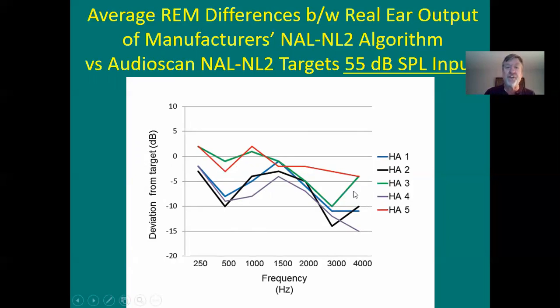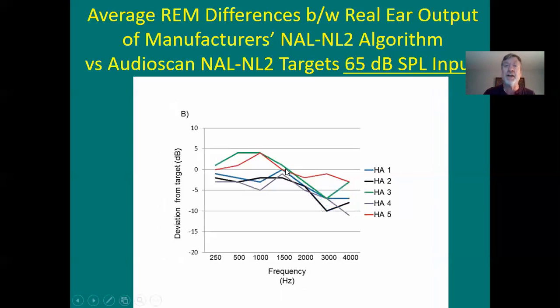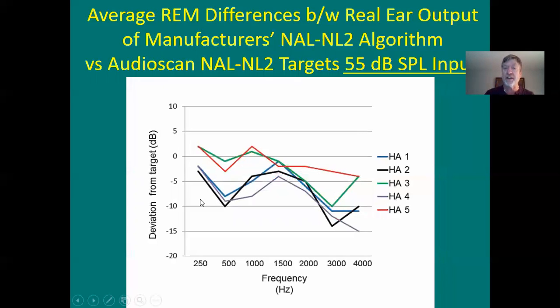This is for 55 dB SPL inputs, these differences, and here is for 65 dB SPL inputs. The differences are a little bit less for 65. At 55, there's quite a difference, and usually a lot less amplification is suggested.